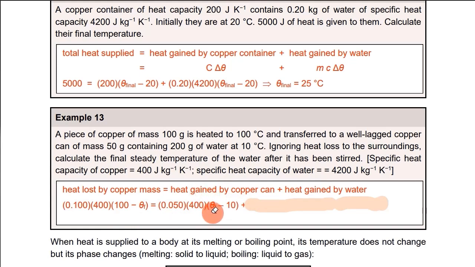In order to get a positive number here, we use final temperature minus initial temperature. Then the heat gain by water, same thing, because it's heat gain, the final temperature is higher, so in the delta theta, we use the final temperature minus the initial temperature. Then we sub in everything and calculate. We'll get the final temperature as 14 degrees Celsius.